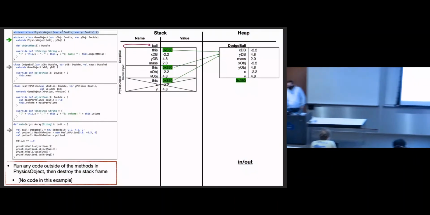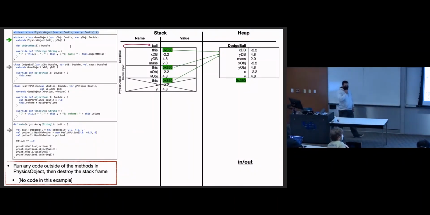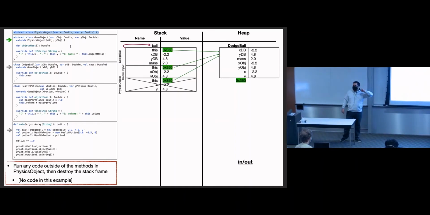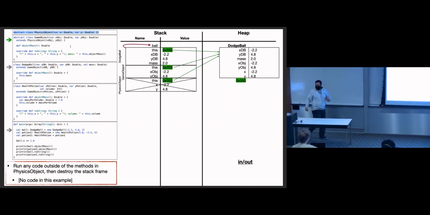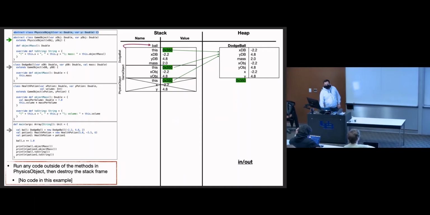After the constructor is called, after we get all the way down to the bottom of our inheritance, then any code that's outside of the methods, now we don't actually do this in this example, but this is where any code outside of the methods in the physics object class would be called, and then that constructor would return.